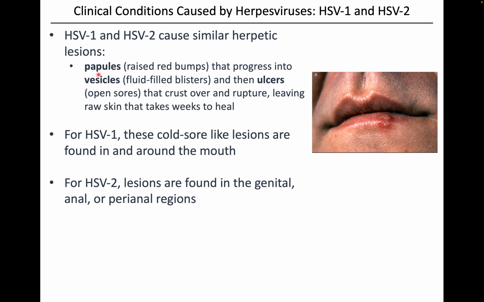These are just raised red bumps that are then going to turn into vesicles, which are fluid-filled blisters, and then those will usually rupture, leaving you a little ulcer, or just an open sore that's going to scab over. Probably going to be painful and raw for a couple of weeks until it's healed.